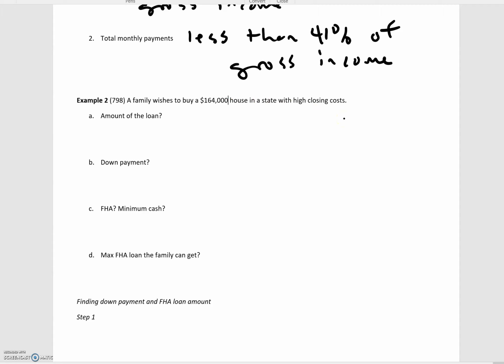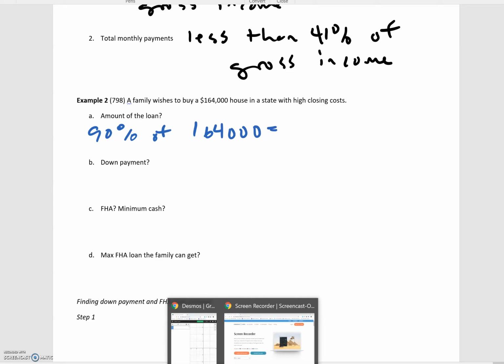So the amount of the loan, according to the text, is 90%. So 90% of 164,000, that's assuming that the family is doing a 10% down payment.